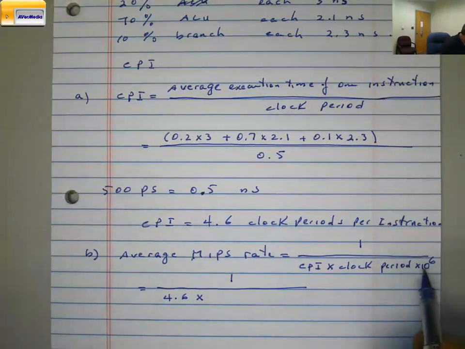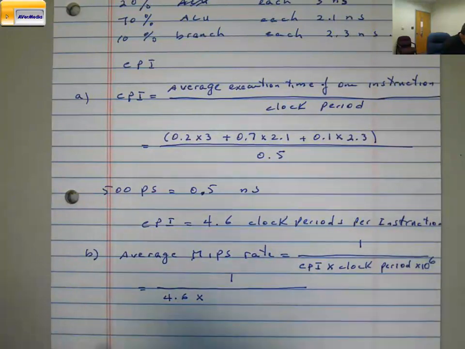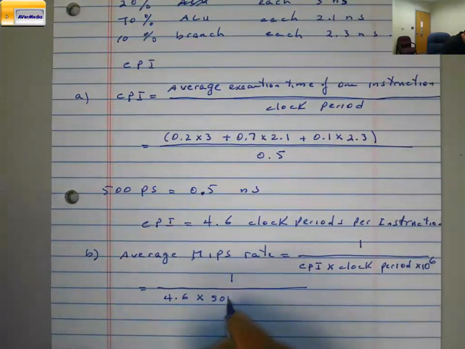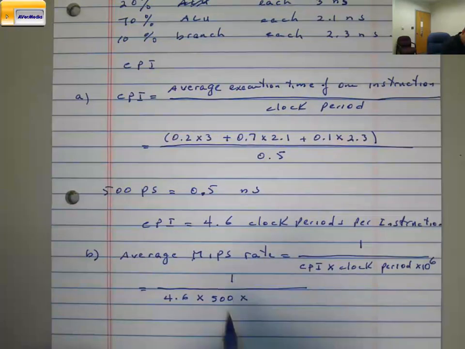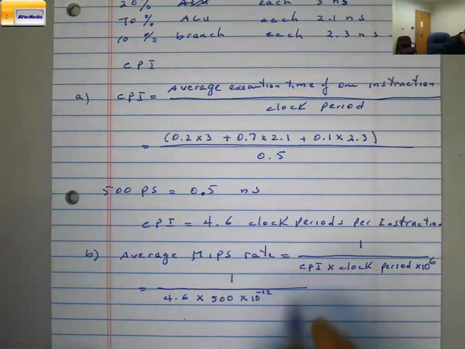However, I want to calculate this one in terms of seconds, because average MIPS rate is per second. So the clock period is 500 picoseconds times 10 to the power of minus 12 seconds, right?